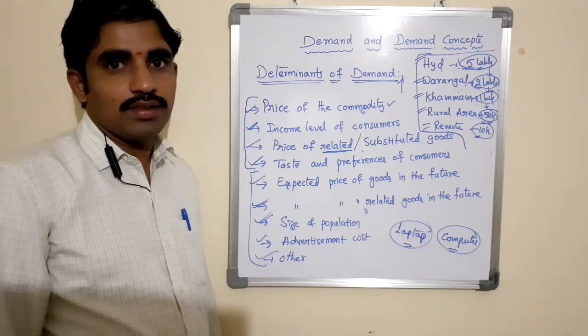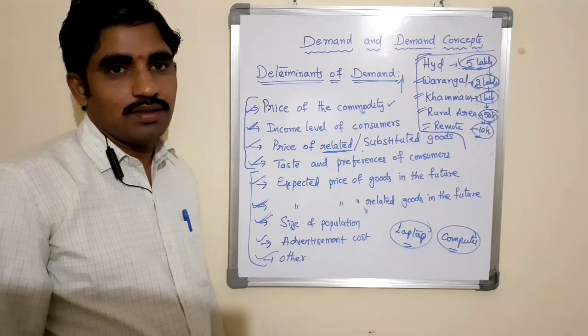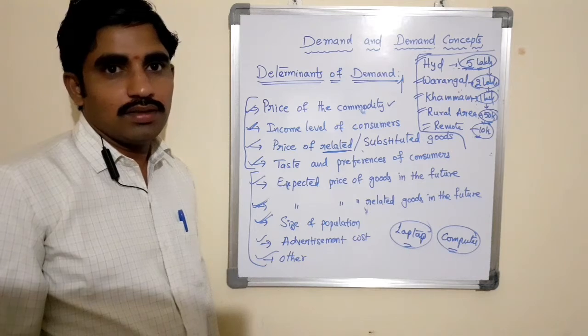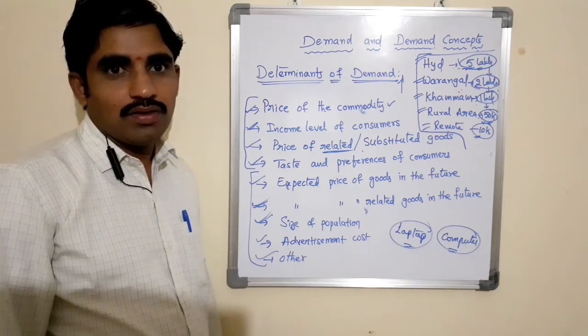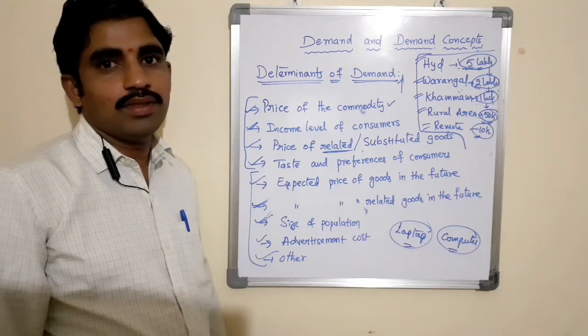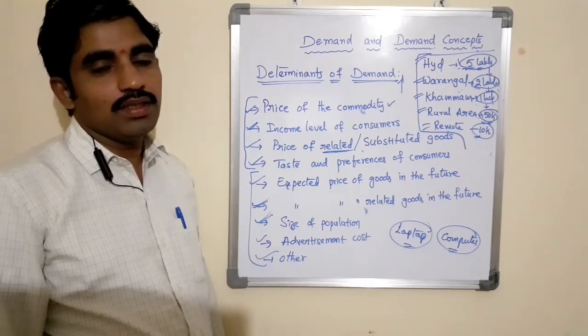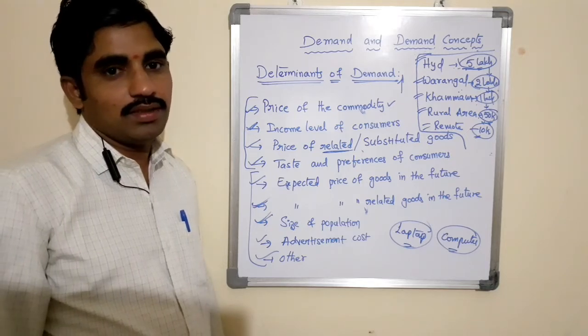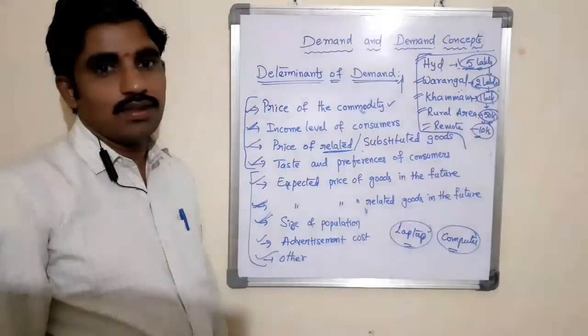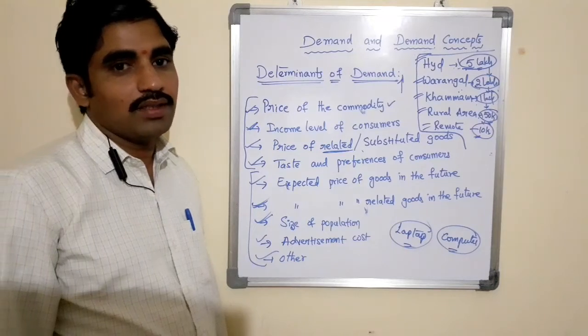In cold areas, woolen cloth is demanded. During the hot summer days, ice cream is very much in demand. On a rainy day, ice cream is not so much demanded. Means based on the climate changes, based on the weather changes, the demand for the commodity will also change.